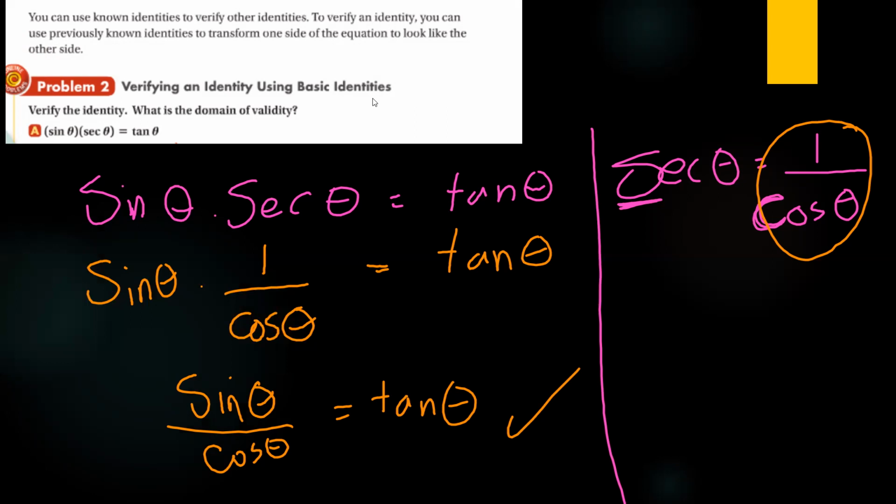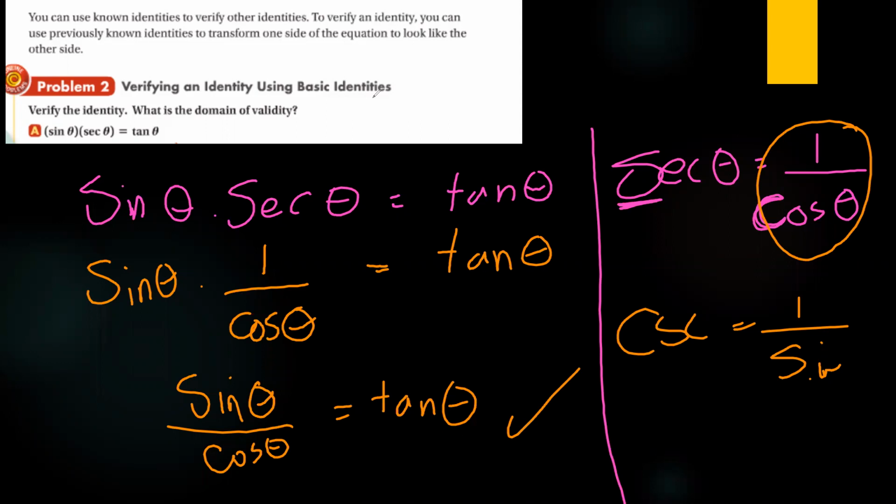Secant is 1 over cosine, but cosecant is 1 over sine. So we usually start with the first one. If I keep sine as 1 over cosecant, and secant over cosecant, isn't that an identity?